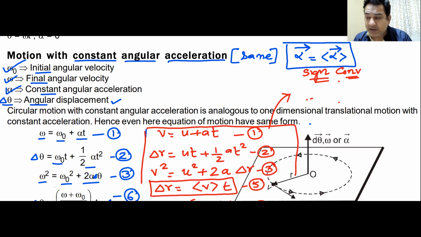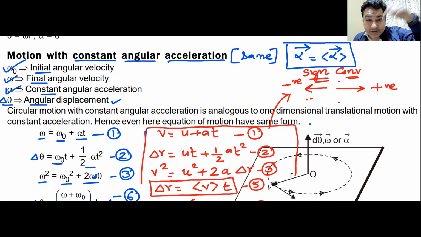For example, if the motion is taking place along the x-axis, I will call one direction as positive and the other direction as negative. This is how I incorporate the direction of vectors in the equation on the right hand side. If the motion is taking place along the y-axis, I will call the upside, the positive y-axis, as positive, and the downside as negative.